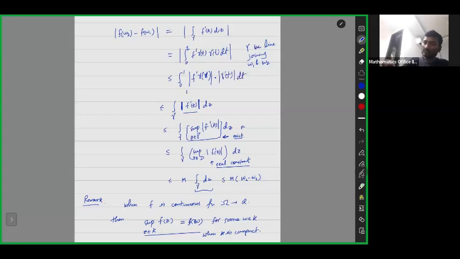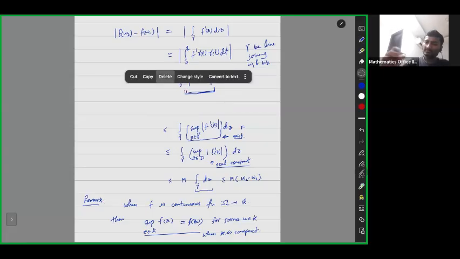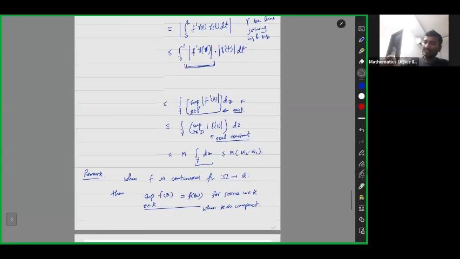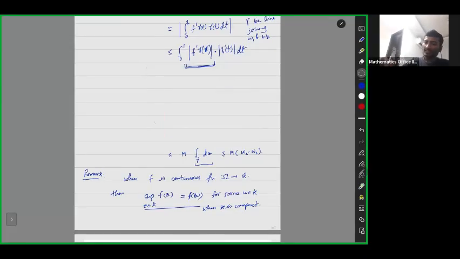Now we take the supremum of these numbers and this is less than or equal to M. So we delete this step and what is left inside is M.